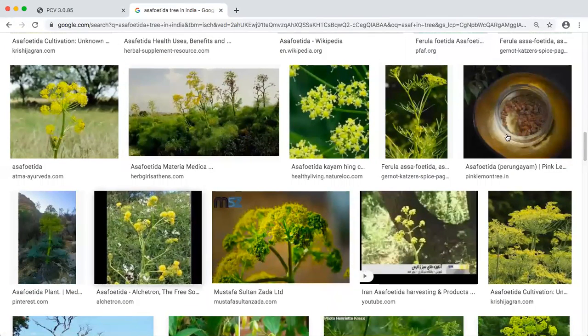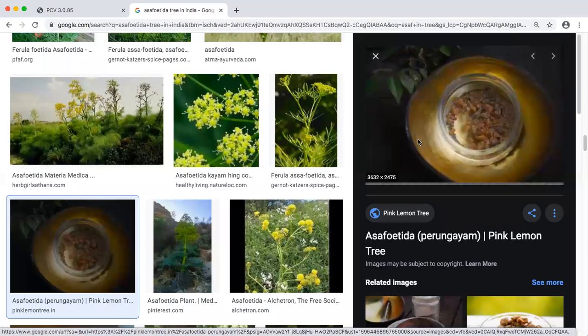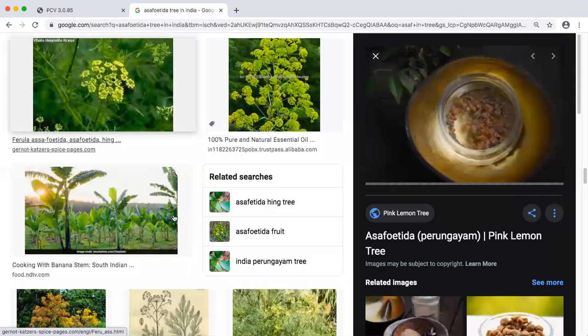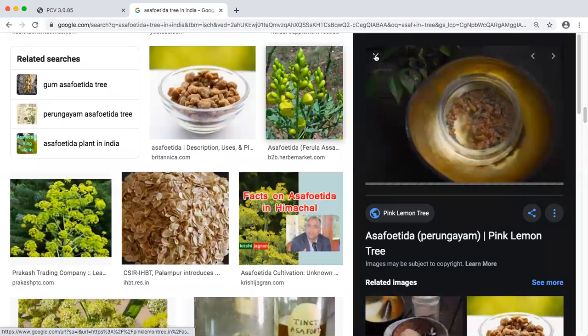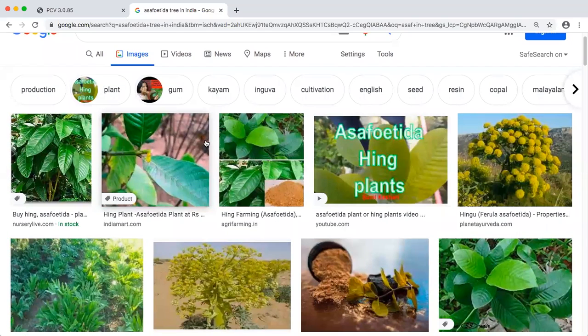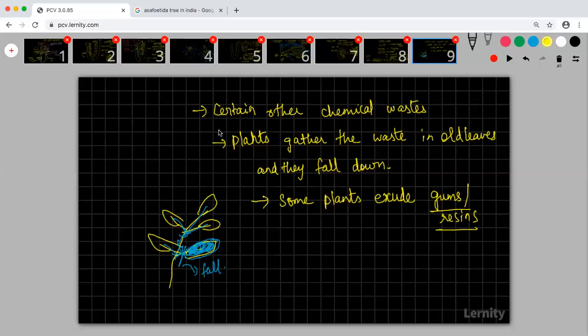So I think some part of it looks like that. Okay, I'm not sure about Asafoetida. This is Asafoetida. Okay, so this kind of waste is there. So plants exude gums or resins as waste.